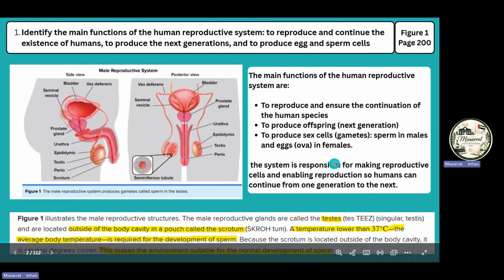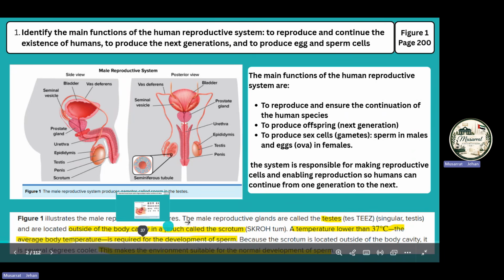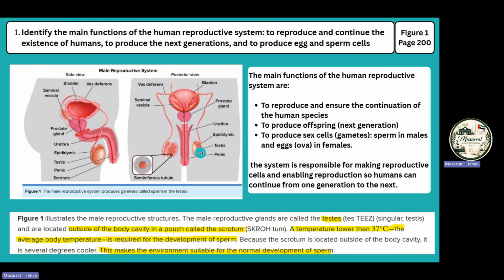Because the scrotum is located outside of the body cavity, it is several degrees cooler. This makes the environment suitable for the development of normal sperm. So you have to remember that the testes are located in the scrotum.